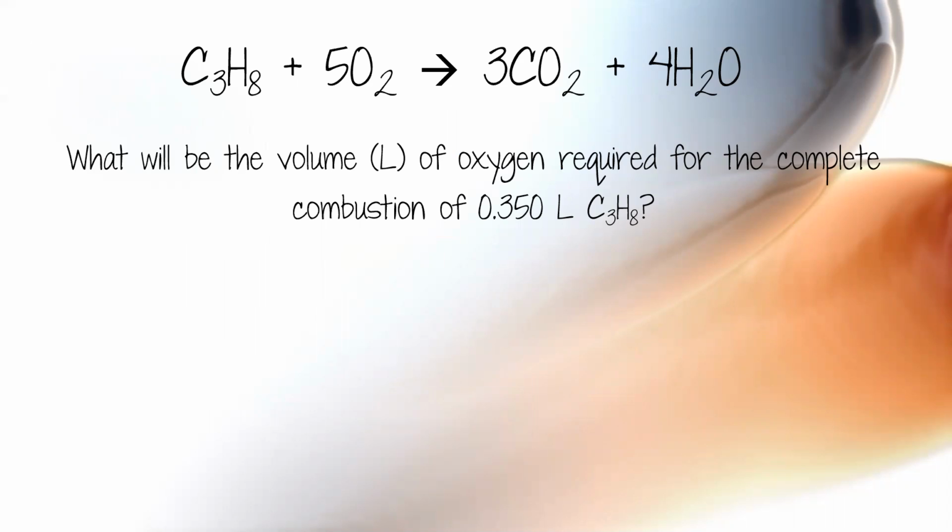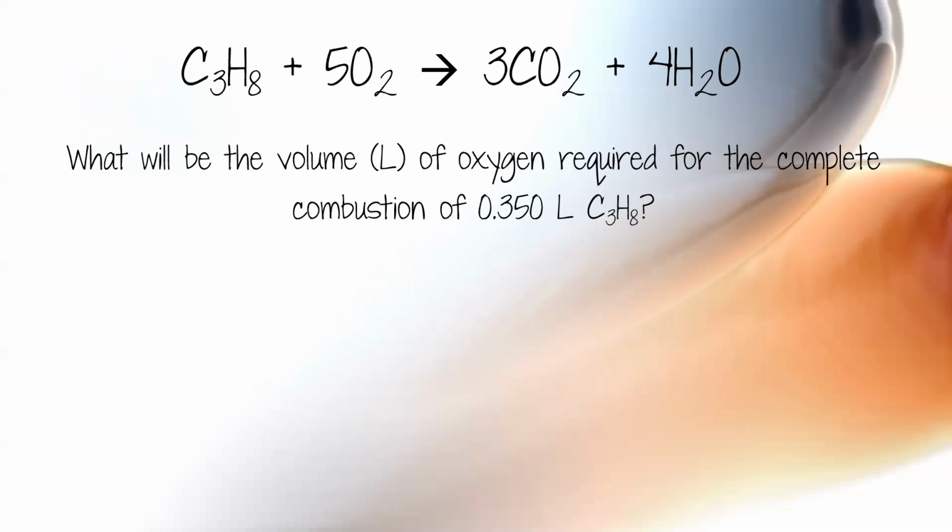Okay, so we have a chemical equation. Notice I already balanced it for you. You're welcome. The question is, what will be the volume in liters of oxygen required to complete a combustion reaction using 0.35 liters of C3H8?